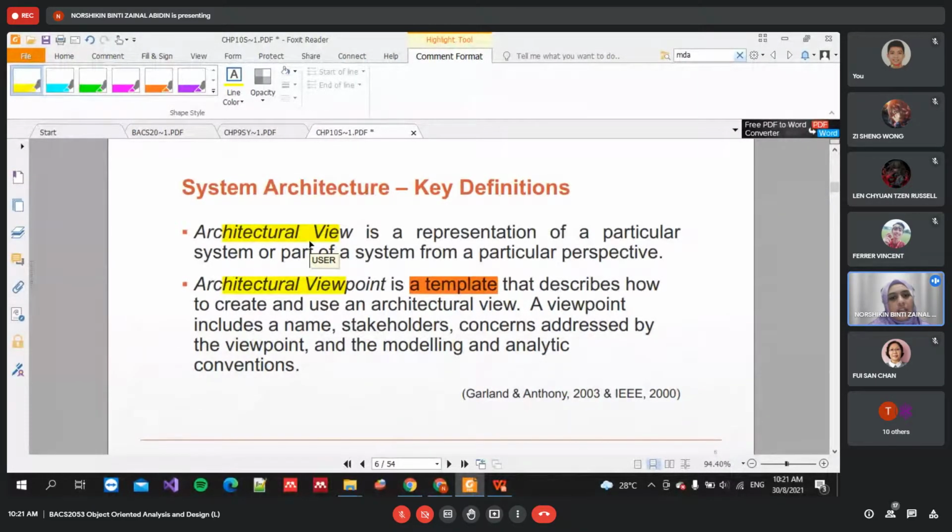Let's take ourselves as programmers. We see things differently from the view of the user. Sometimes what the user wants is not what we develop, or not what the BA, business analyst, modeled in the diagram.